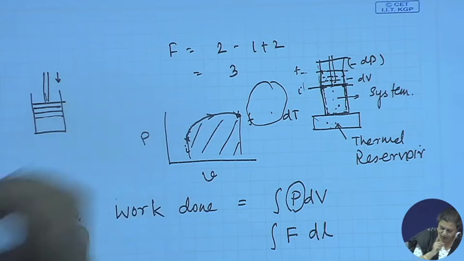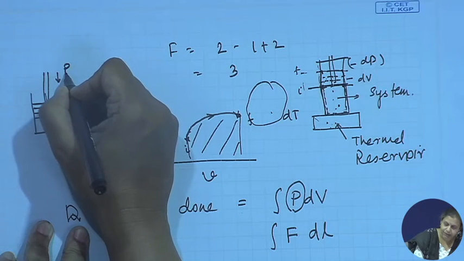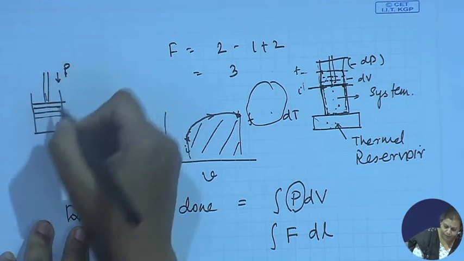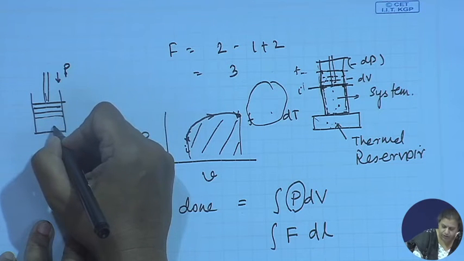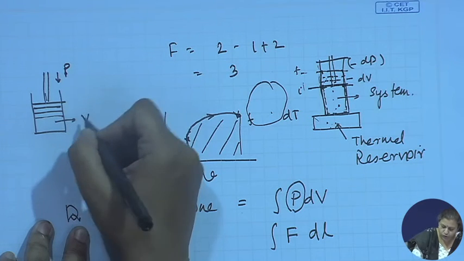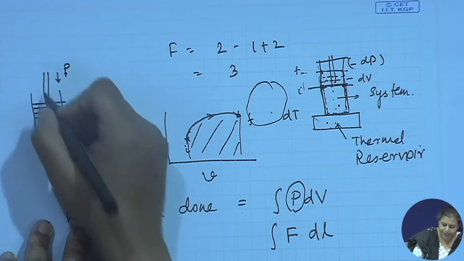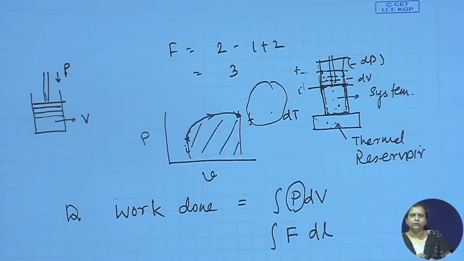The pressure which is applied is a property of the surrounding, and the compression of the gas, or the volume decrease of the gas, is a property of the system. So, for this case, whose property should the energy interaction be?